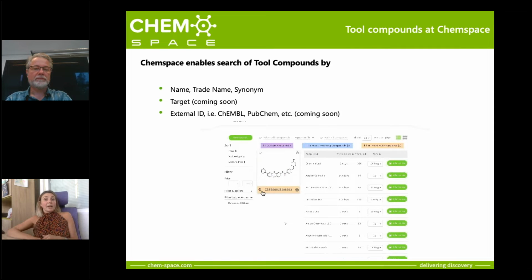You can scroll, use different filters on the left, and choose the price and the package size. By pressing one button, you can add these compounds to the cart and proceed with purchasing.